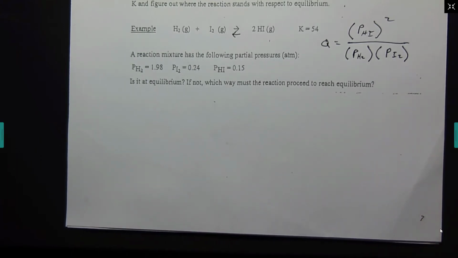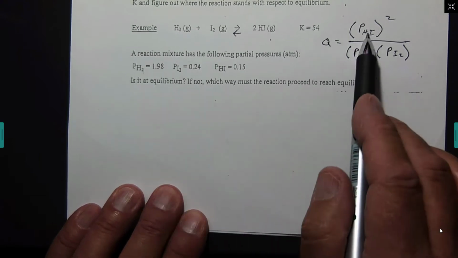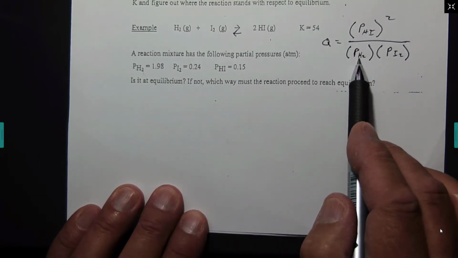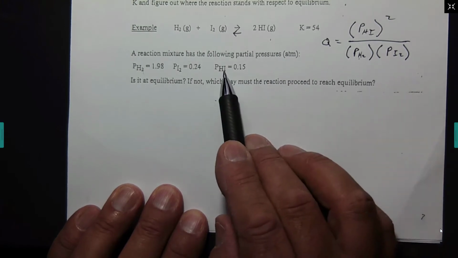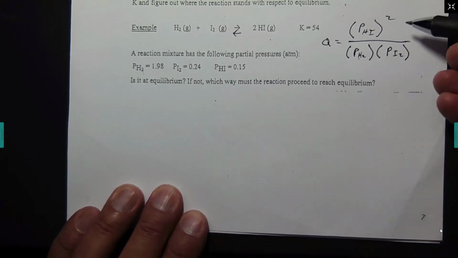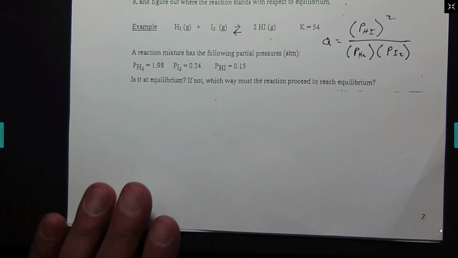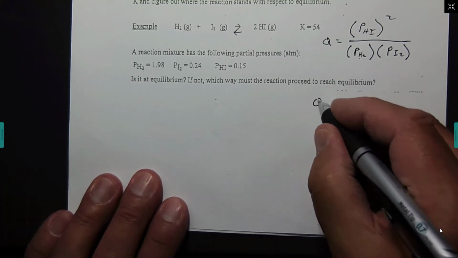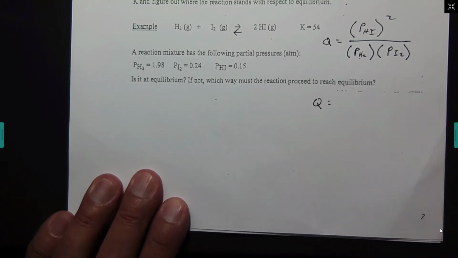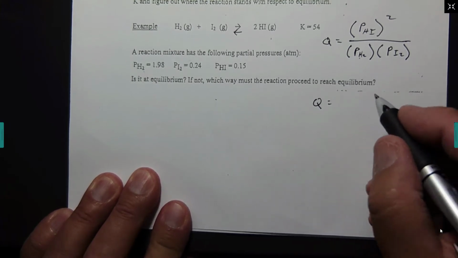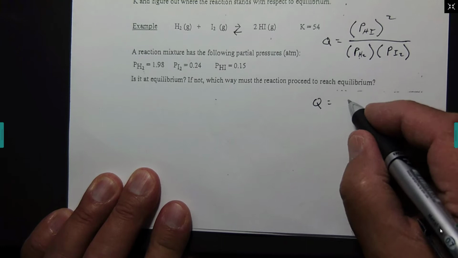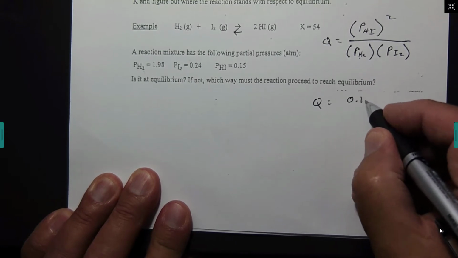Now, hey, we've got a partial pressure for the hydrogen. We've got a partial pressure for the iodine. We have a partial pressure for the HI. Hey, you can just plug those numbers in and calculate a value for Q. In this case, plugging everything in, you'll get HI is 0.15 atmospheres.